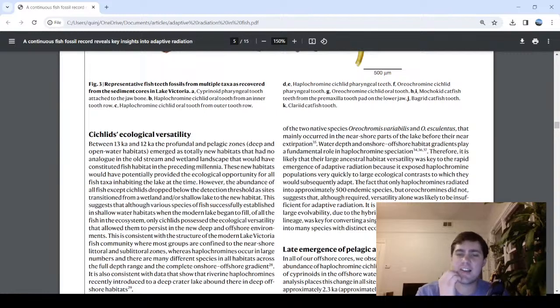The fact that only haplochromines radiated into approximately 500 endemic species, but oreochromines did not, suggests that although required, versatility alone was likely insufficient for adaptive radiation. It is possible that its coincidence with large evolvability due to the hybrid ancestry of the haplochromine lineage was key for converting a single ecologically versatile population into many species with distinct ecological specializations.